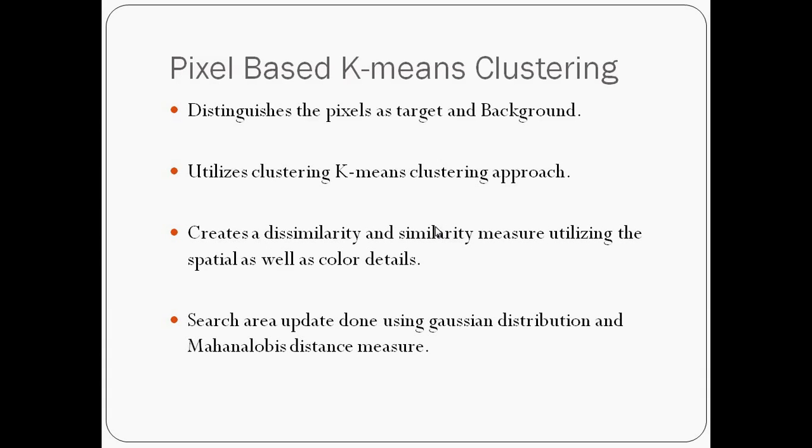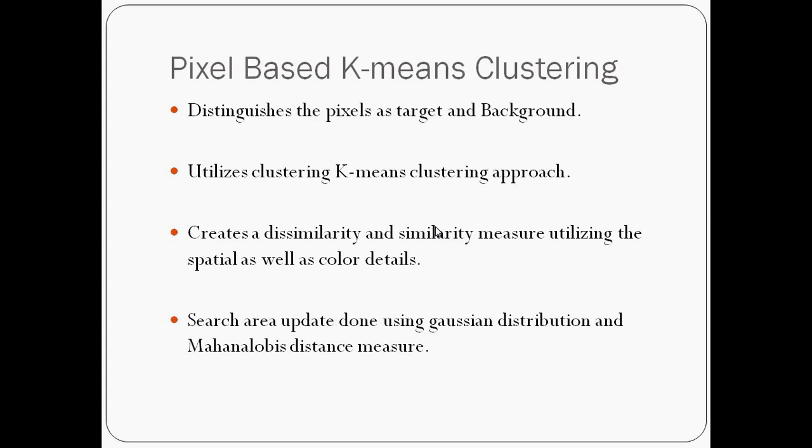The next is the pixel-based k-means clustering. The algorithm basically distinguishes the pixels as target and background, so you have two categories. It fixes a radius, or a shape such as an ellipse, in which it considers the object to be present along with some amount of background pixels.